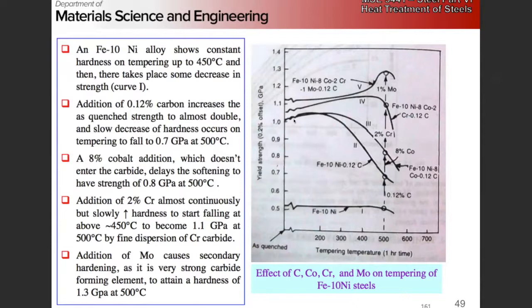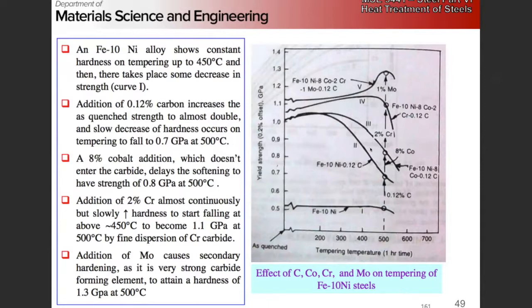But then, if you have cobalt, remember, we said cobalt doesn't shift the curves at all. So the martensite level is still the same in the as quenched condition. But now we have additional final hardening due to the solid solution strengthening of cobalt. Cobalt's not a carbide former.